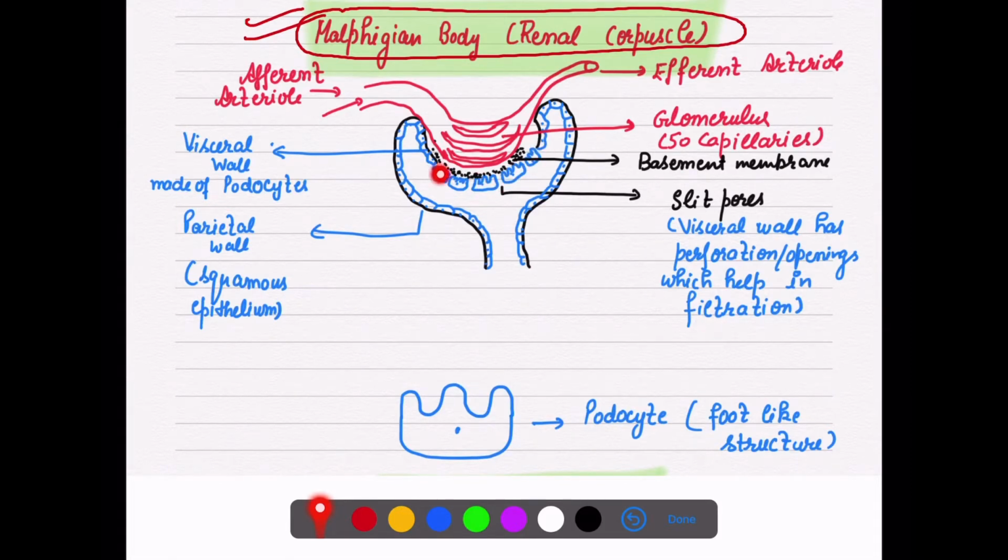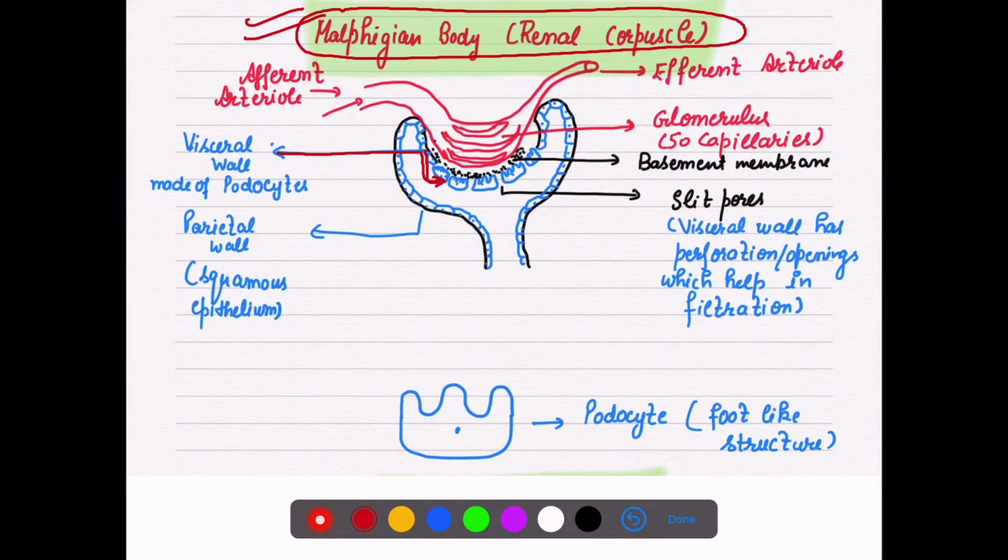Here, the layer towards the inner side in the Bowman's capsule has foot-like structures. This wall is made of podocytes. This wall is known as the visceral wall.